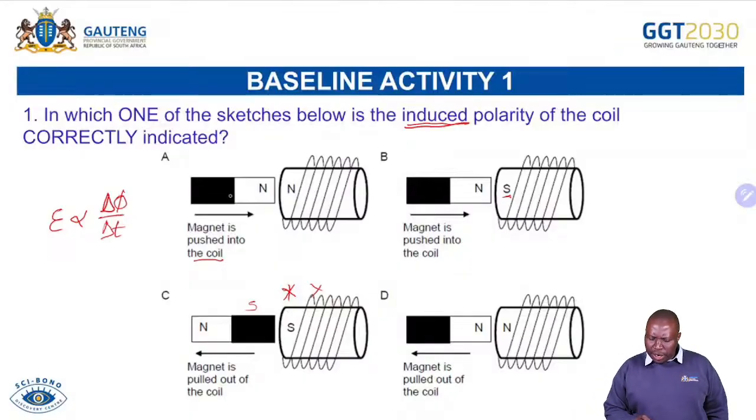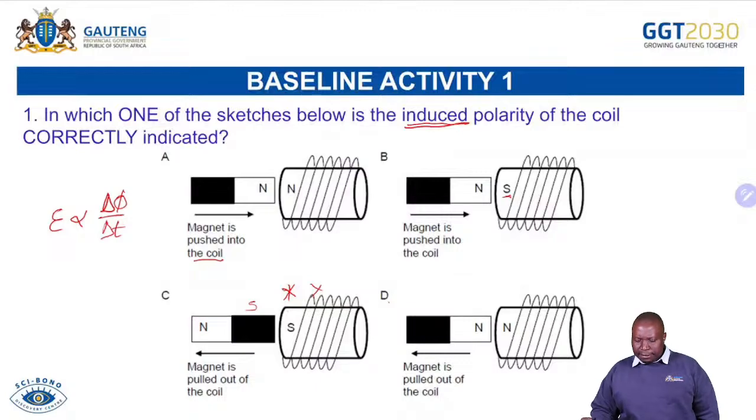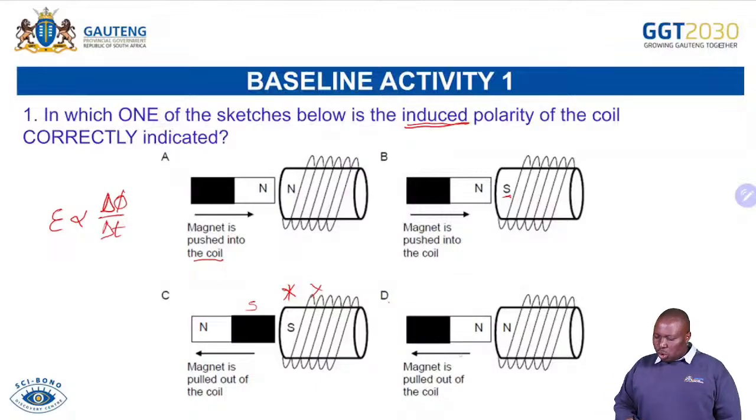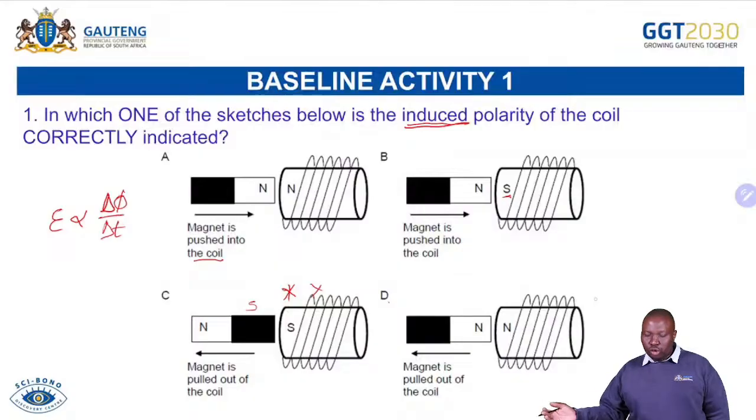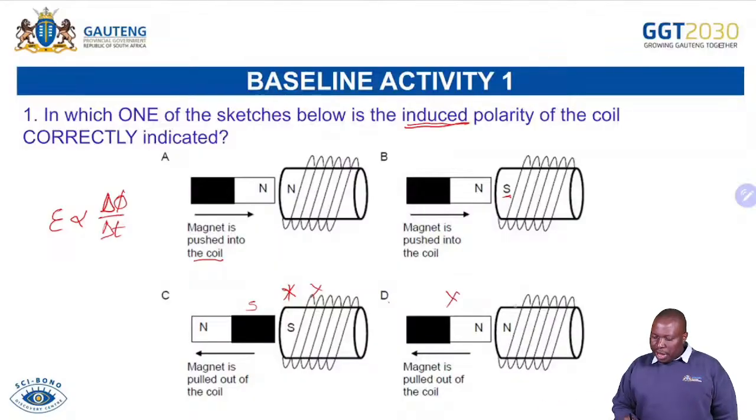Now, you can see in number D that they are saying when the magnet goes away, the coil becomes north. No. Remember, it becomes north when the magnet is pushed into the coil. So you can see that this is wrong, because when it goes away, we expect this to be south so that we can have a change in magnetic flux.